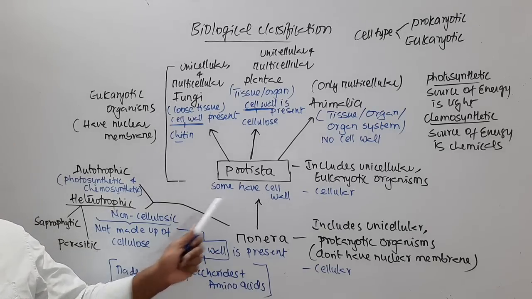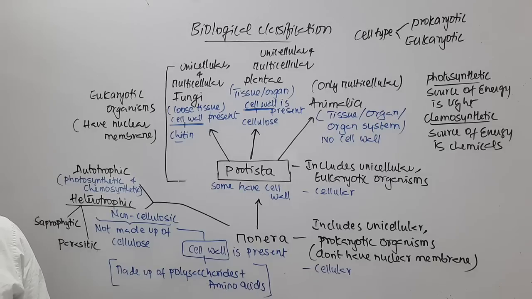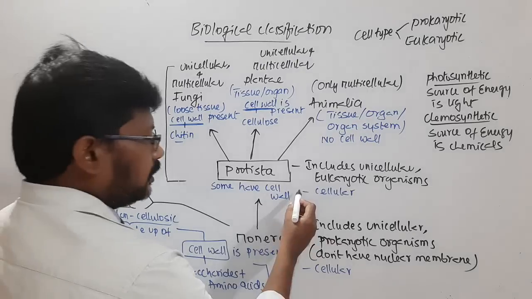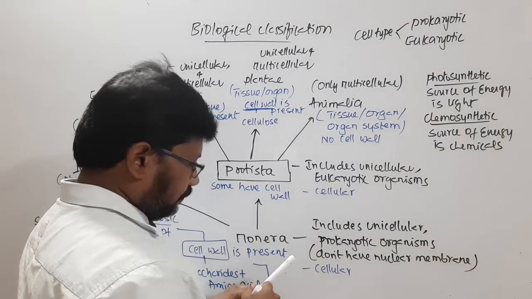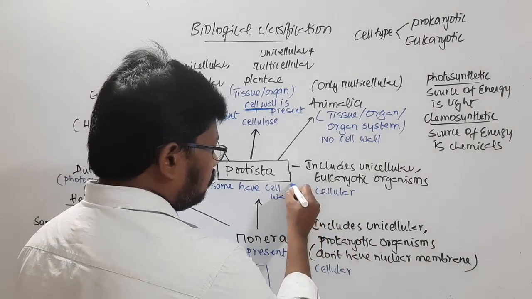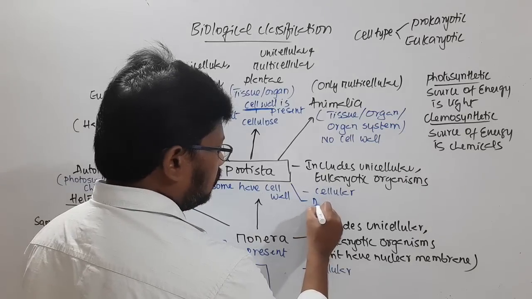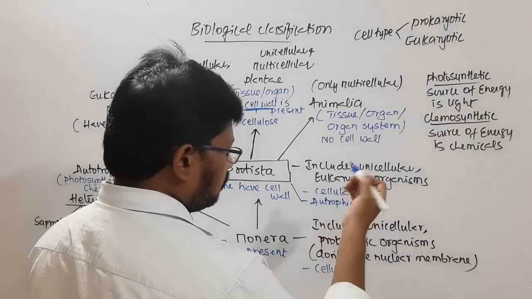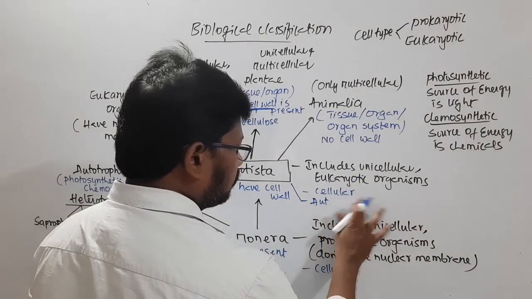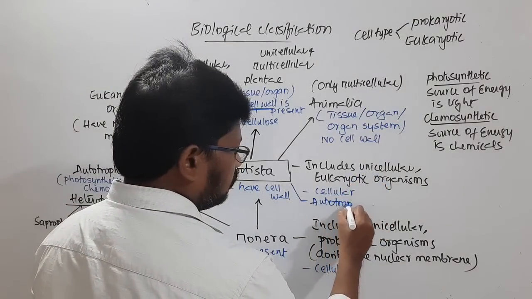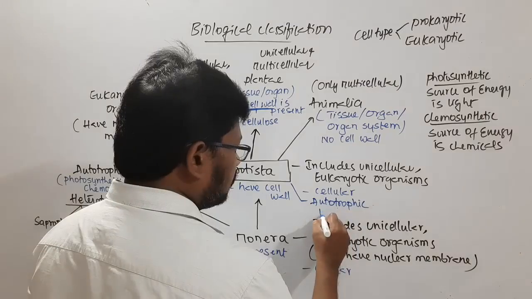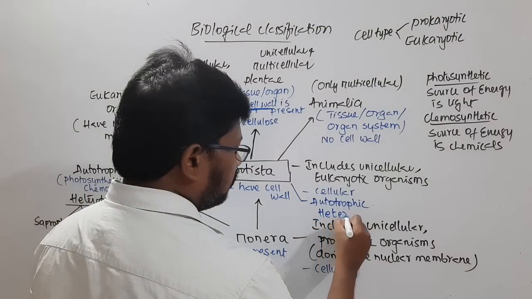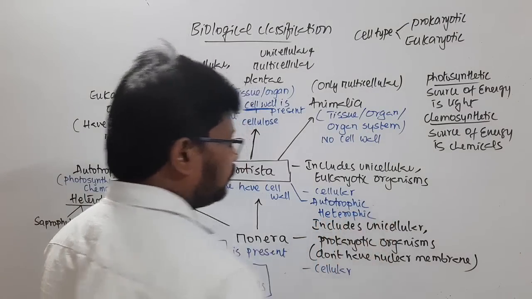Coming to the group Protista, in Protista we will see autotrophic as well as heterotrophic mode of nutrition. So this group also shows autotrophic and heterotrophic mode of nutrition.